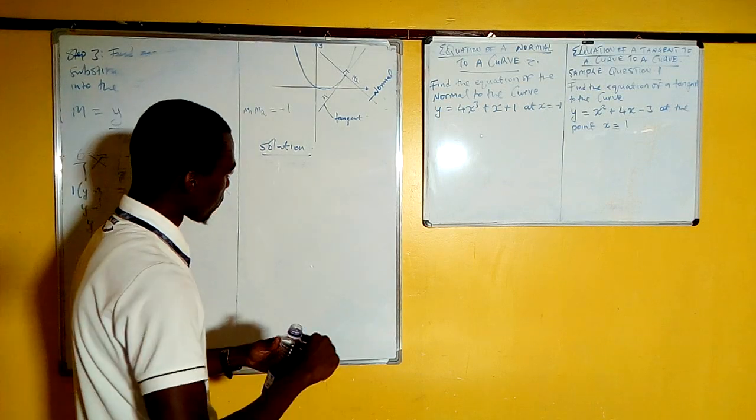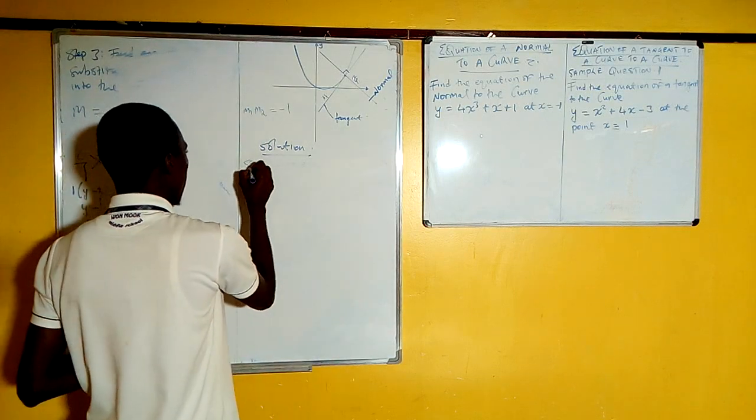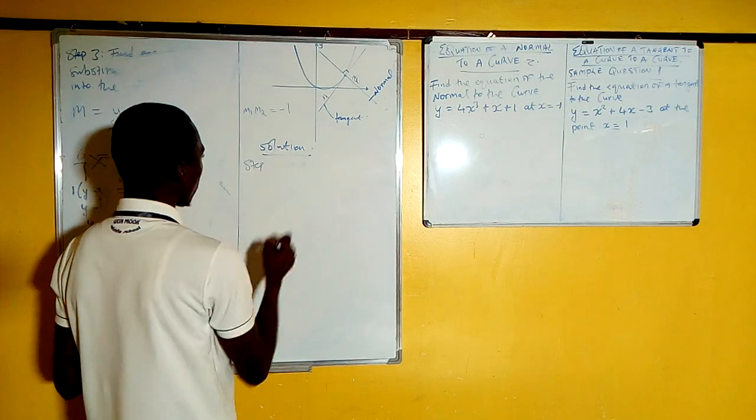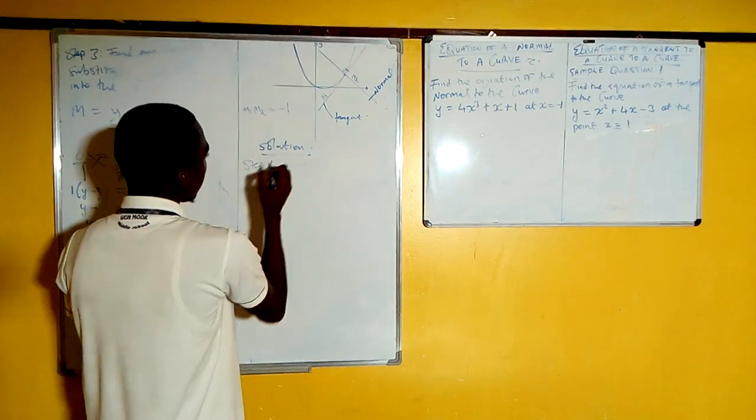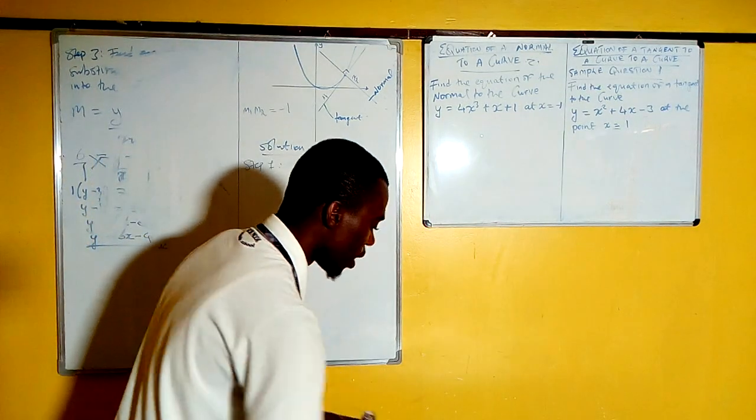So also here, step 1, when you are determining the equation of the normal, is one and the same thing like we did in the previous.